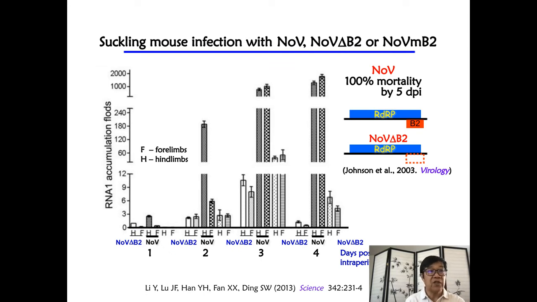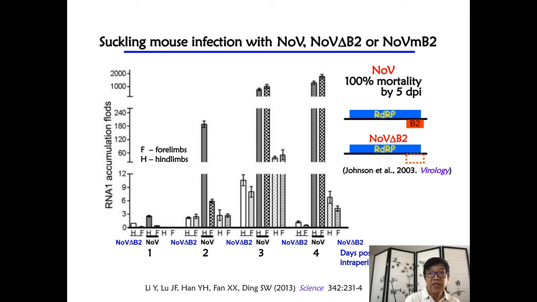We rescued a Delta B2 mutant virus using the reverse genetic system kindly provided by Dr. Andy Ball. And this Delta B2 mutant virus contains 3 single nucleotide substitutions that prevent the translation of B2 without altering the encoded sequence of the RdRP in the overlapping reading frame.